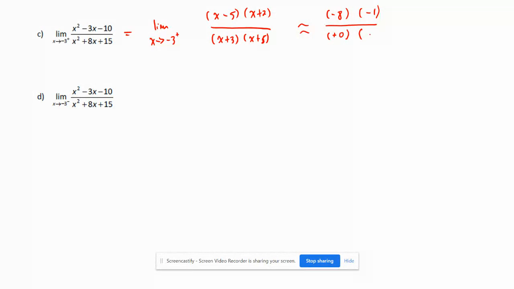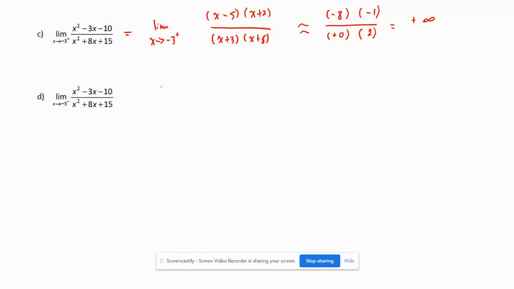And then -3 plus 5 is going to be a 2. So on the top, we have positive 8, because -8 times -1, over a positive number close to 0 is going to equal positive infinity.